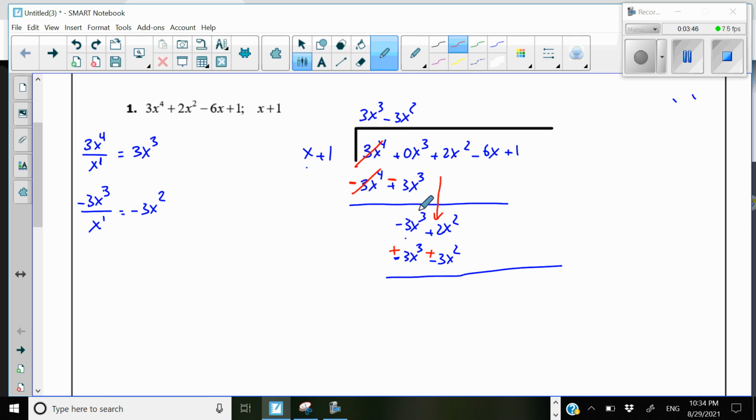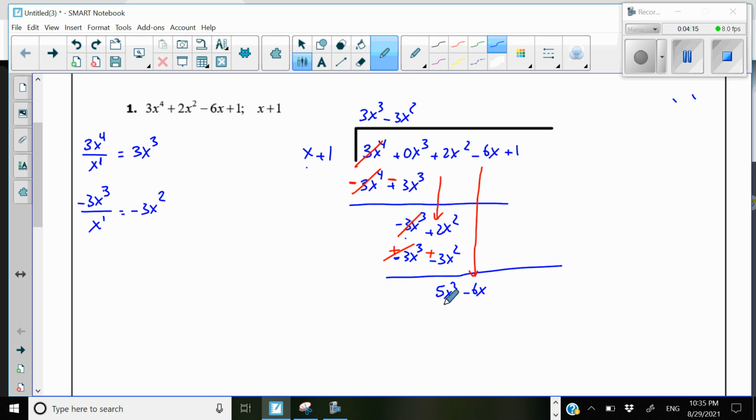Negative 3x cubed plus 3x cubed, they cancel each other. 2x squared plus 3x squared, that will be 5x squared. Now I bring the next one down, negative 6x.